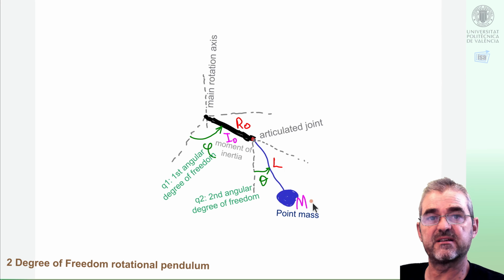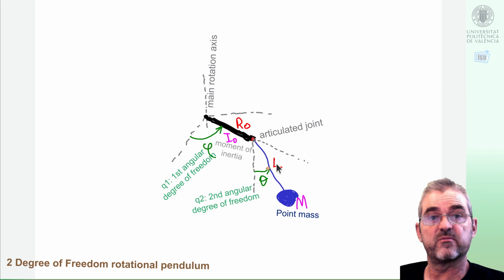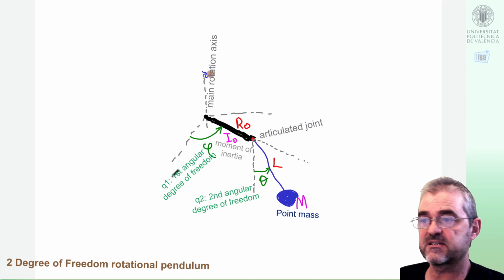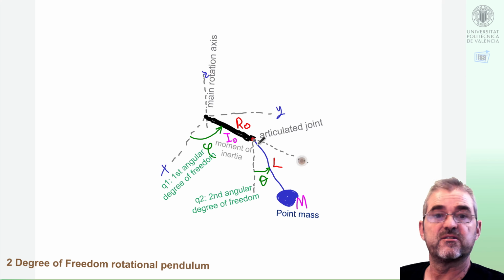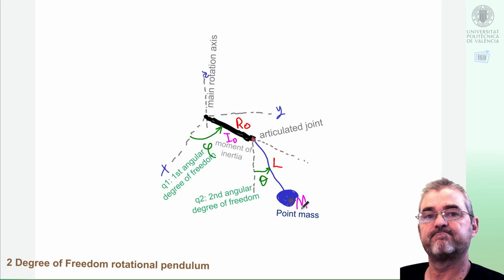The mass will be capital M, and then that mass may have an extra angular motion theta. This joint will not be a spherical one, so we will assume it can only move in one degree of freedom here, so it can just turn in the plane formed by the z-axis and the real or imaginary line joining the center of rotation of the platform and the hinge to suspend this mass.